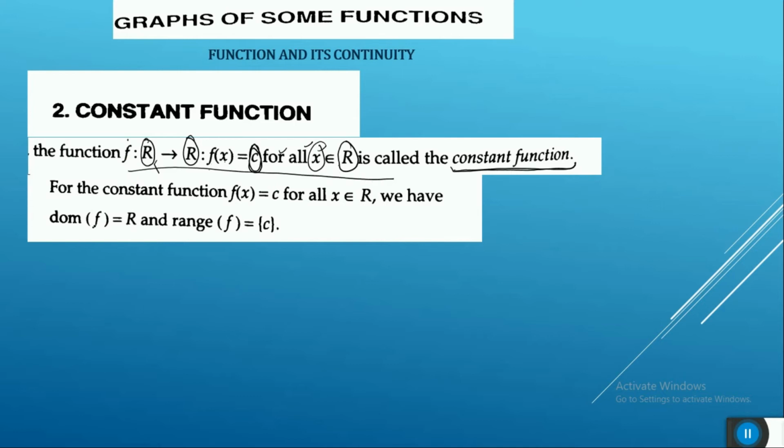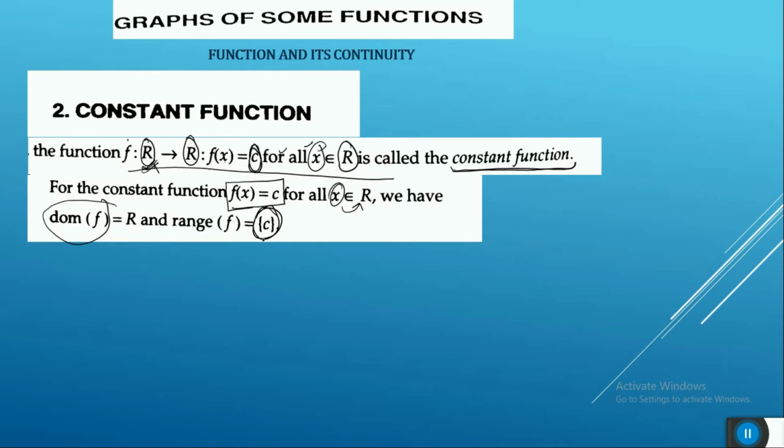Now you see, for the constant function, this has to be true always: f of x equals c for any x you take from your domain. So here your domain is R, and the range, as I told you, will be only one element, that is c. Clear?